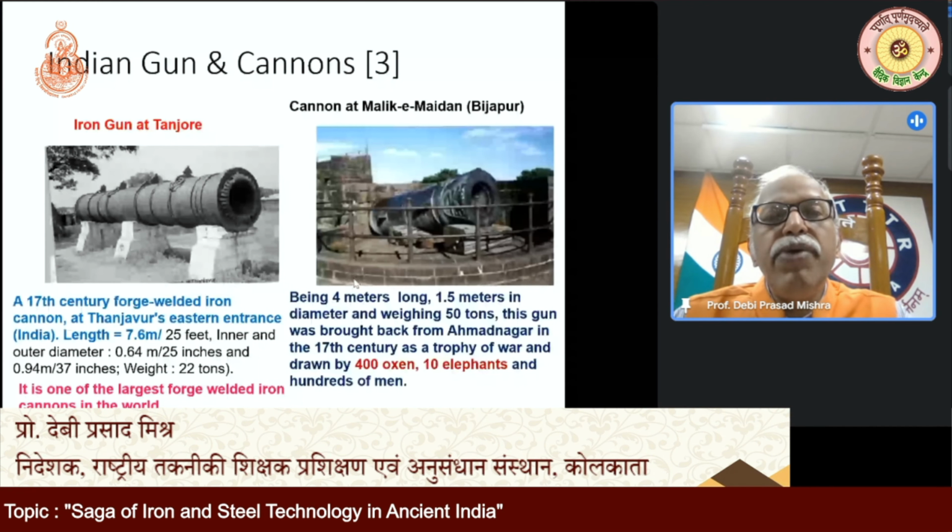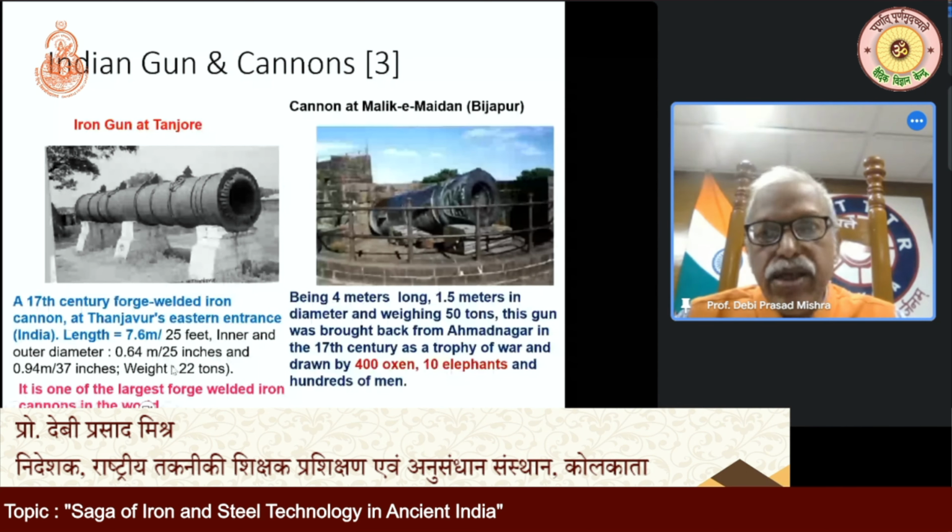And if you look at the Indian guns and cannons, this is a 17th century cannon, 4 meters long with 0.94 meter outer diameter, weighing around 20 tons. You look at how they made it, whether there was any crane, and how they did that.